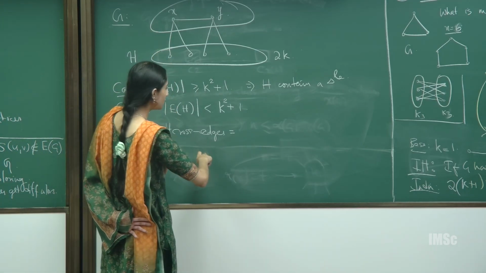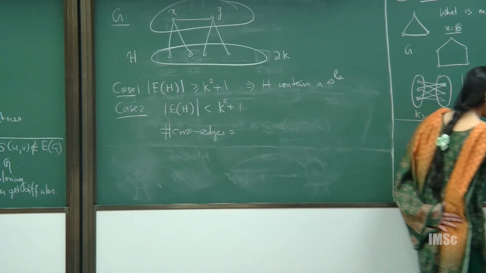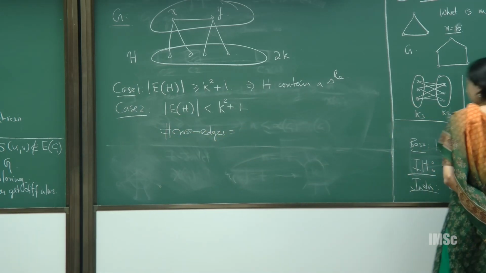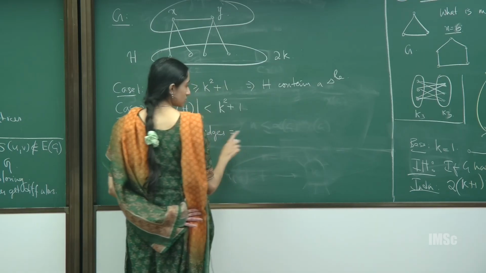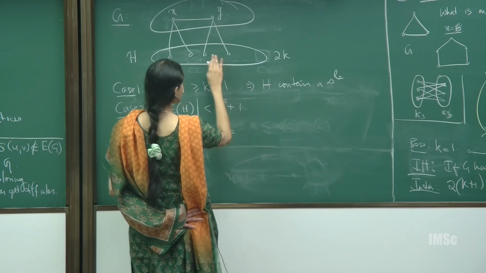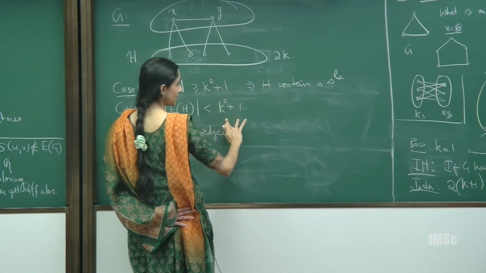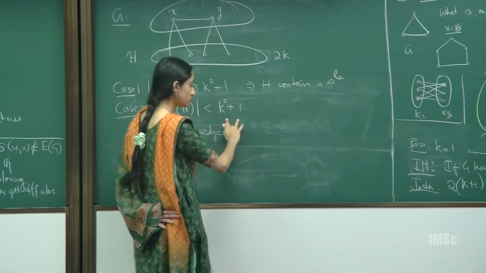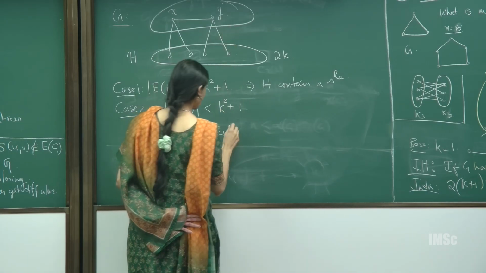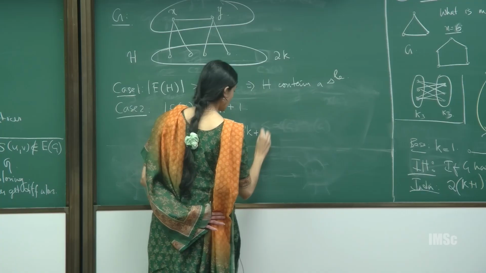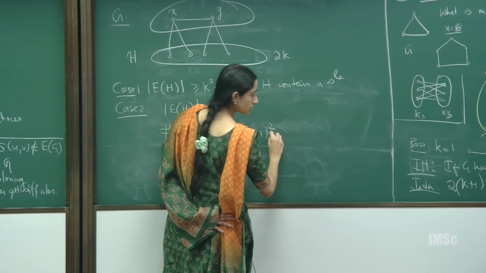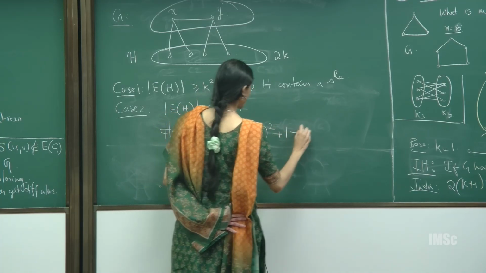The graph actually, from induction, we know has at least so many edges, right? And the number of edges contained entirely in this was strictly less than k square plus 1, right? And there was one edge here. So this is at least (k plus 1) the whole square plus 1 minus k square.